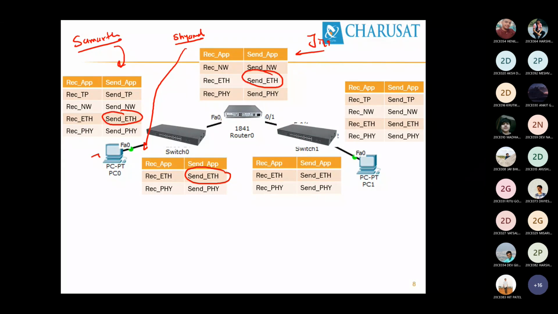There has to be an if function: if the net ID of the sender IP is not equal to the net ID of the destination IP, where this is the source IP and destination IP, then local IP equals gateway, and find the MAC of the local IP.